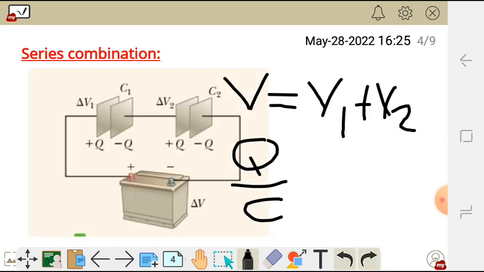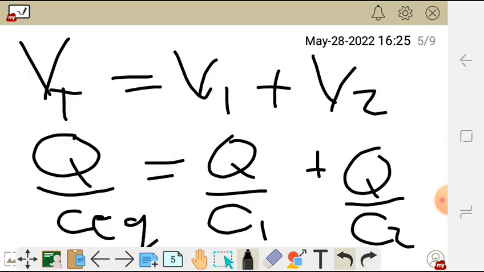We know that the charge across this capacitor is equal to the charge at that capacitor there. So charge is constant.